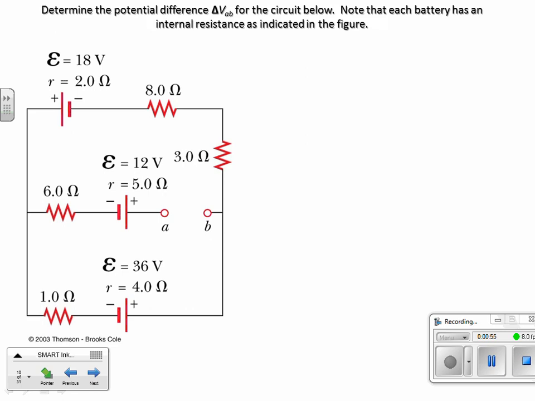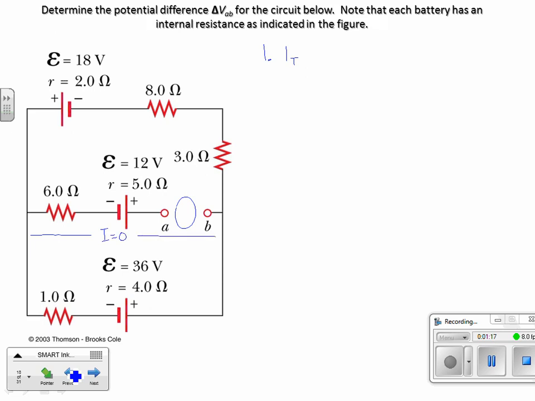Well, the deal is this. As a first step, what you want to do is find I total. If you notice, there is not a connection here. So that means that in this whole section, there's no current.